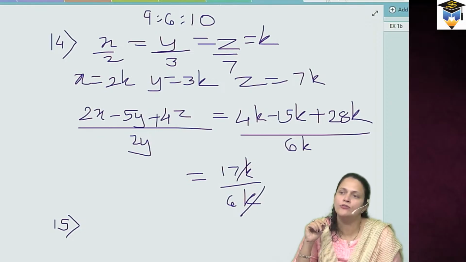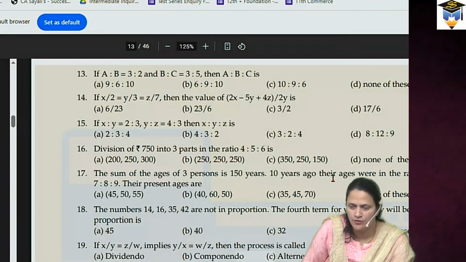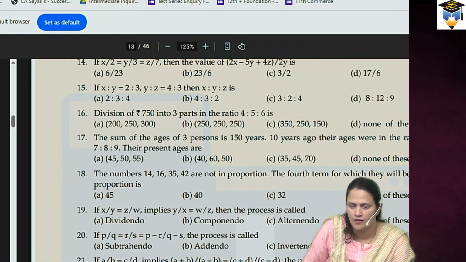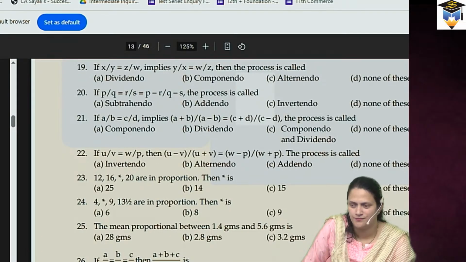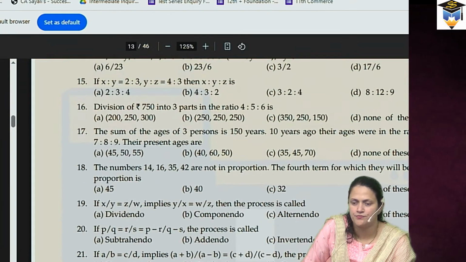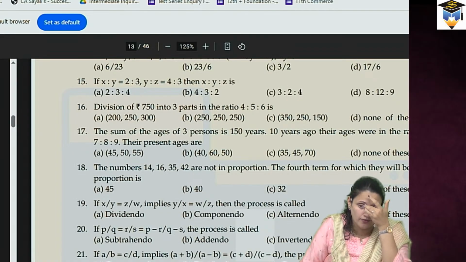Finished writing, all of you? Now, 15th one. So x upon y is given to us as 2 by 3. Y upon z is 4 by 3.